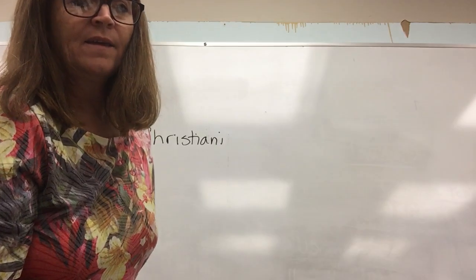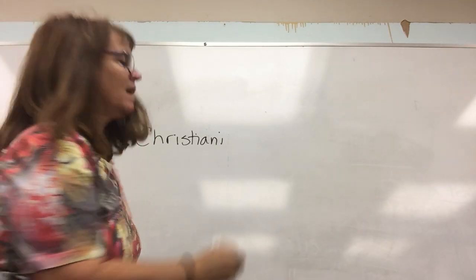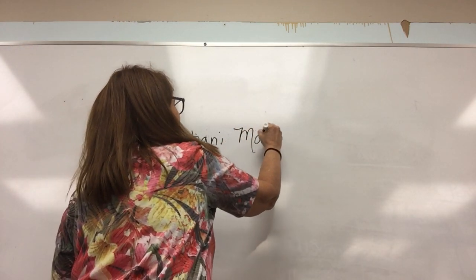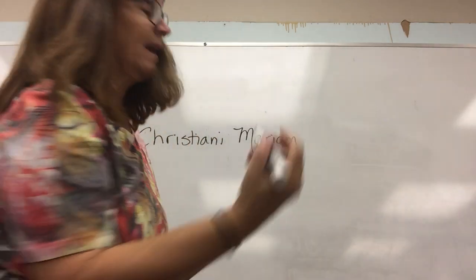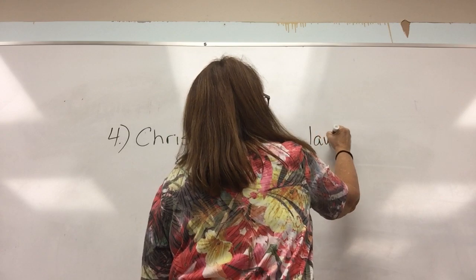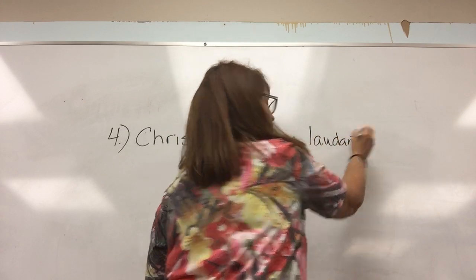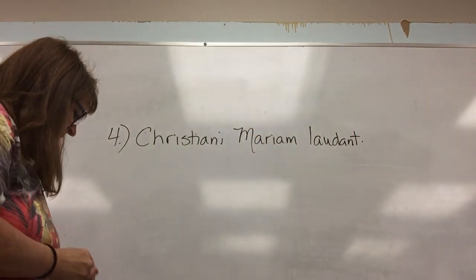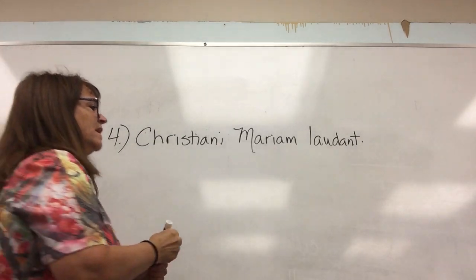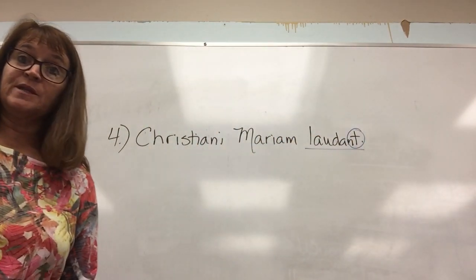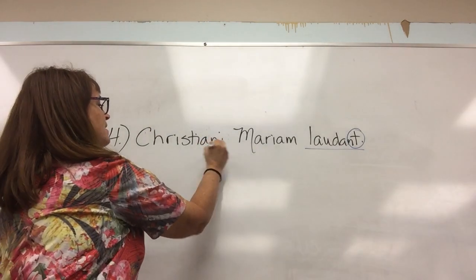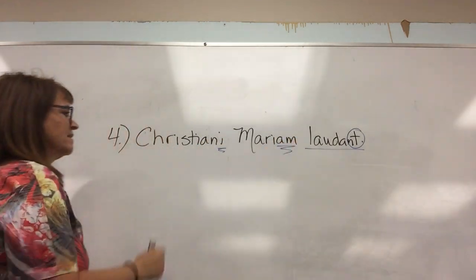Christiani, and then Mariam, and again laudant. Okay, that's a very common verb right now because you don't have very many verbs. Start with the verb. Okay, ooh, look, the verb is plural. I'm looking for a plural subject. I've got this and I've got that.